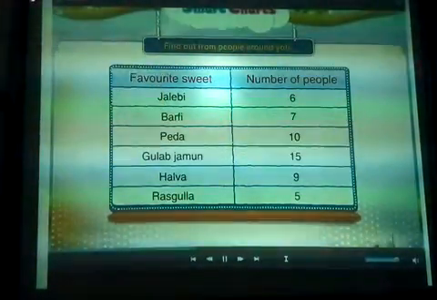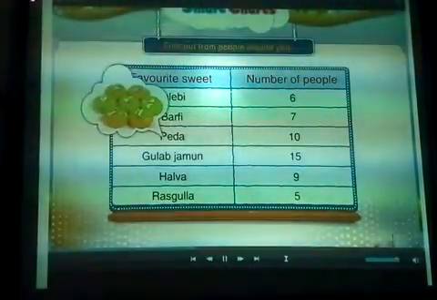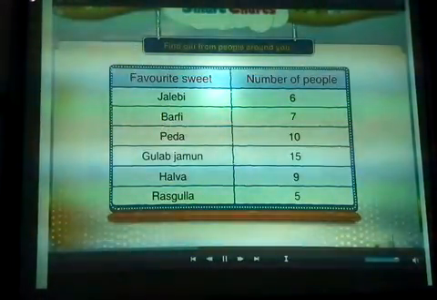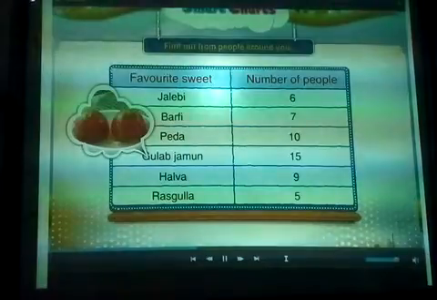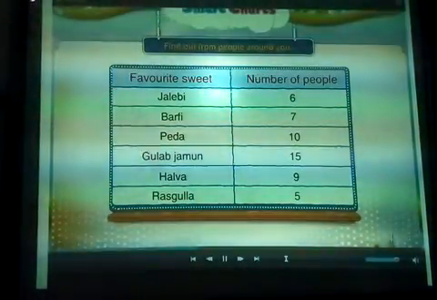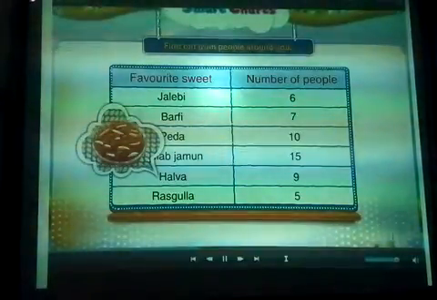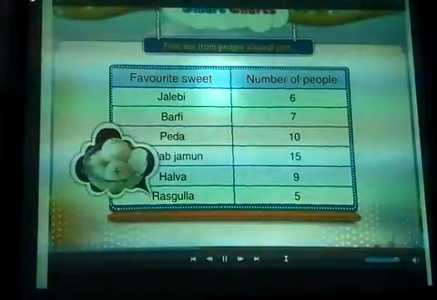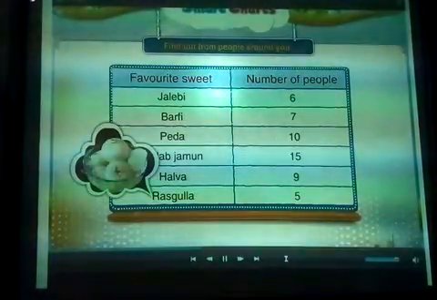The number of people who like pedas are 10. The number of people who like gulab jamuns are 15. The number of people who like halwas are 9. The number of people who like rasgullas are 5.